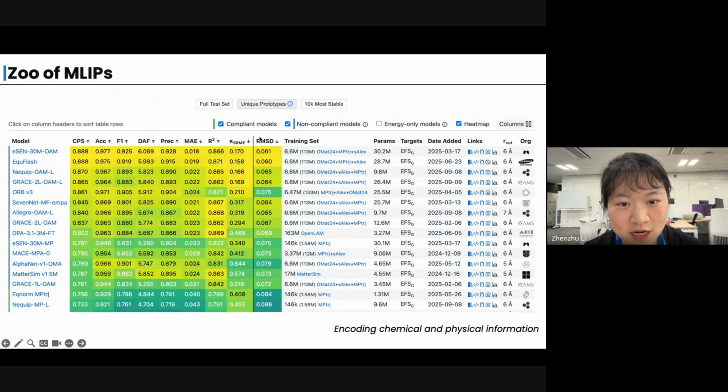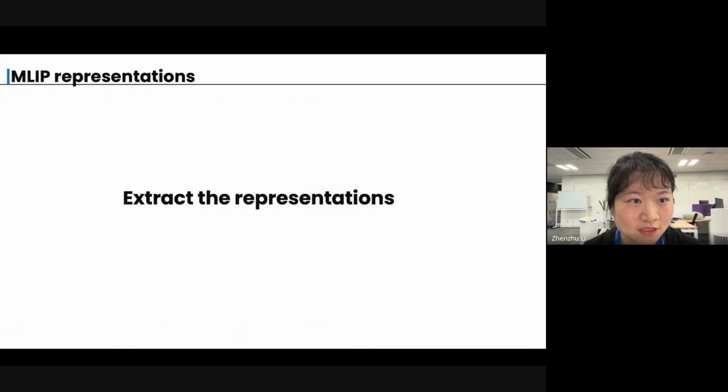But no matter how they claim different accuracy or F1 score to rank the models, what we care about as materials scientists is what kind of chemical and physical information the model has encoded or learned, because that limits the accuracy of the model for our system. So we try to answer the question of whether the representations in different machine learning interatomic potentials are aligned or not.